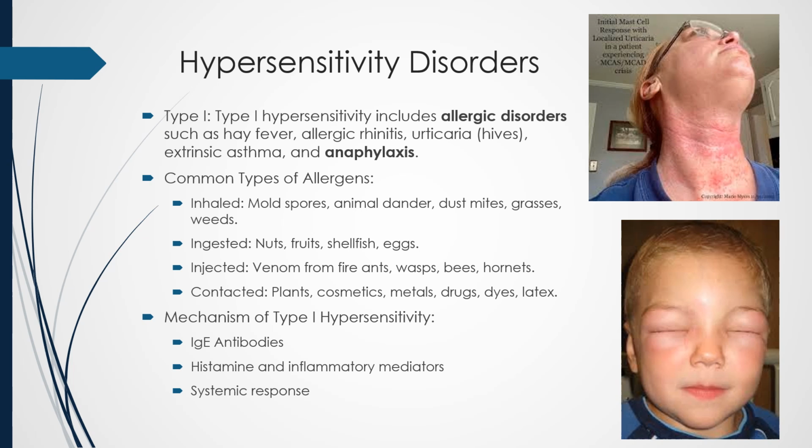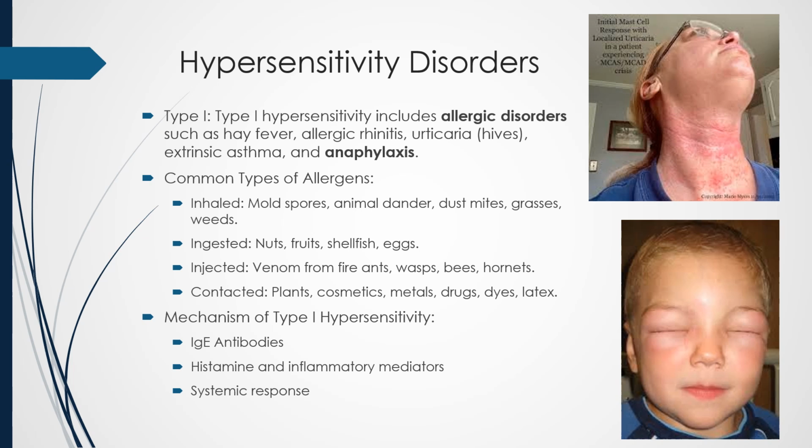Immunoglobulin E is the antibody responsible for allergic reactions. It resides on mast cells and connective tissue, particularly in the upper respiratory tract, GI tract, and dermis. Upon subsequent exposure to an allergen, immunoglobulin E triggers the release of histamine and other inflammatory mediators.